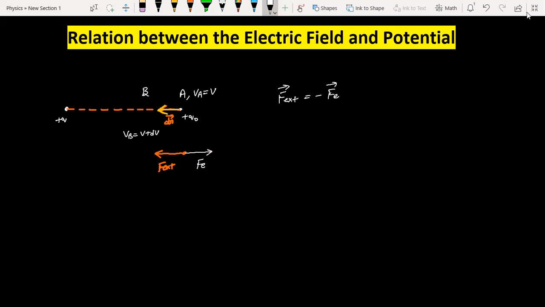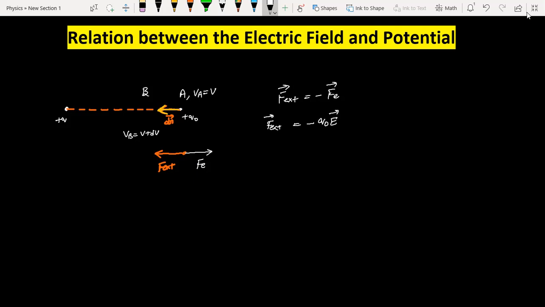The electric force and external force are in opposite directions but equal in magnitude. If we put the electric force in the form of the electric field, it is minus Q naught E, which is F external.